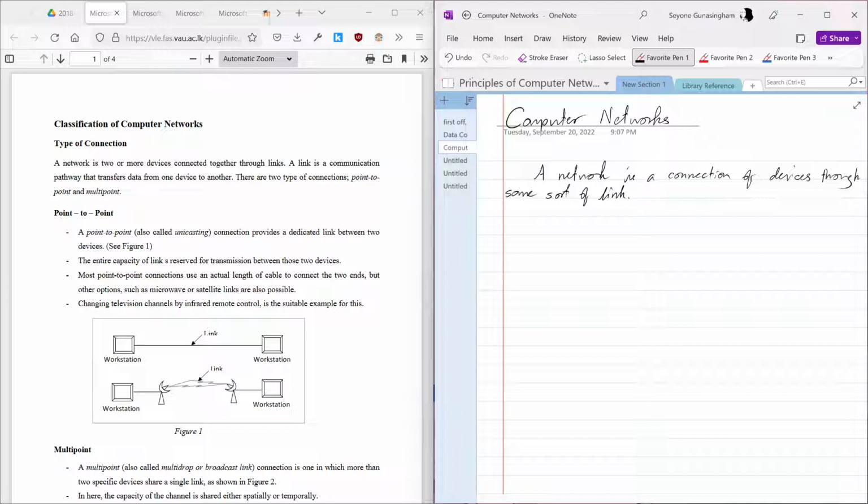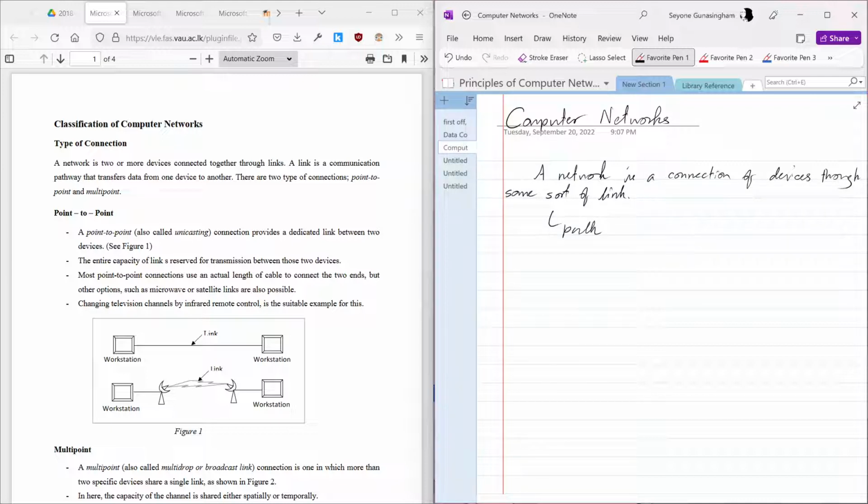The guy has given that the link is a communication pathway that transfers data from one device to another. There are two types of connections. Links are basically the way you connect the two devices, a pathway that the data goes through, right?